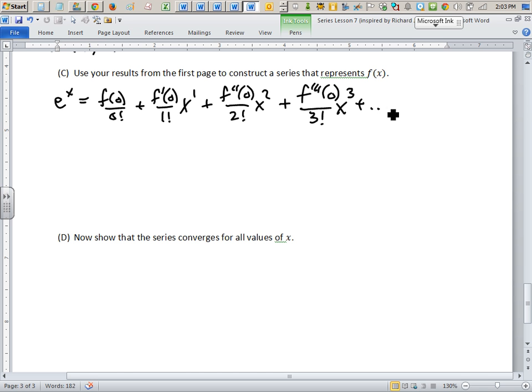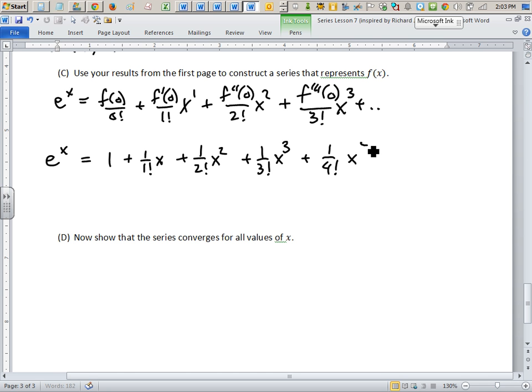Evidently the derivatives never stop, the coefficients never stop. So we have e to the x equals 1 plus 1 over 1 x plus 1 over 2 factorial x squared plus 1 over 3 factorial x cubed plus 1 over 4 factorial x to the 4th, etc.